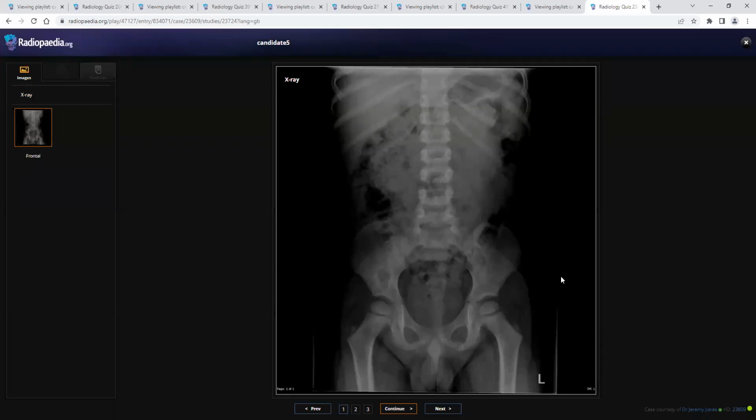I can see a lucent area within the metaphysis of the right femur as well. Other than that, I don't see any other abnormality in the visualized bones and the soft tissues.